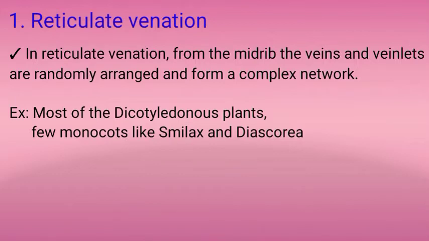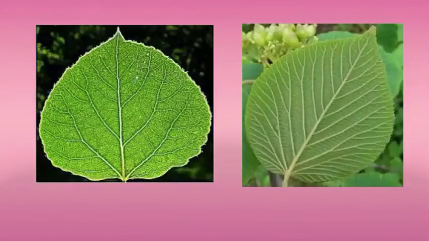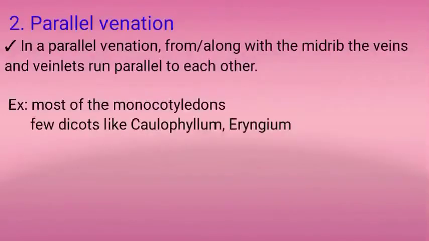reticulate venation. Let's see the diagrammatic representation of reticulate venation. In this leaf, the midrib is present in the middle. It forms veins and veinlets. All appear like a complex network. Parallel venation. In parallel venation, from or along with the midrib, the veins and veinlets run parallel to each other.